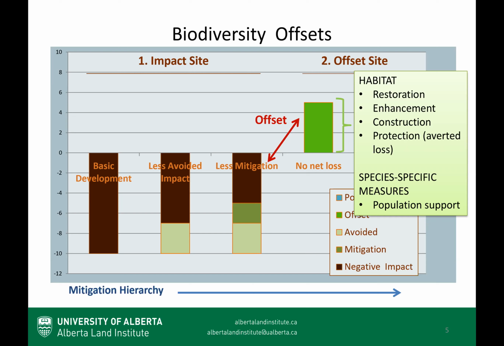Rarely, but occasionally, there is new habitat constructed where none existed before. And perhaps most controversially, sometimes offsetting is done by way of protection of existing habitat, which is also known as averted loss offsetting. And that raises the question about what we actually gain if we simply increase the security of an existing ecosystem, but don't actually add to its ecological function.